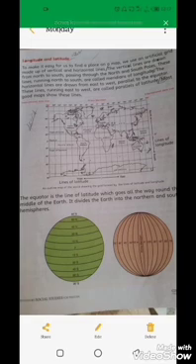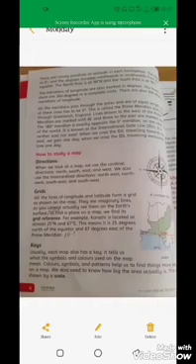Lines from east to west are called lines of latitude, and lines from north to south are called lines of longitude. In simple words, lines from right to left or left to right are called latitude, and lines from up to down or down to up are called longitude. When you learn this lesson with translation, you will learn more about longitude and latitude.